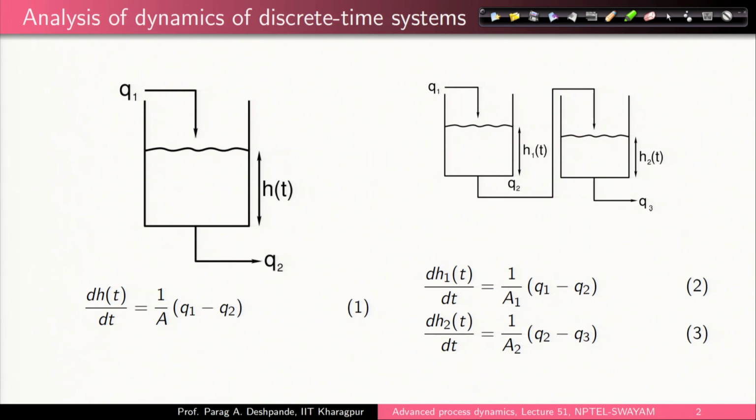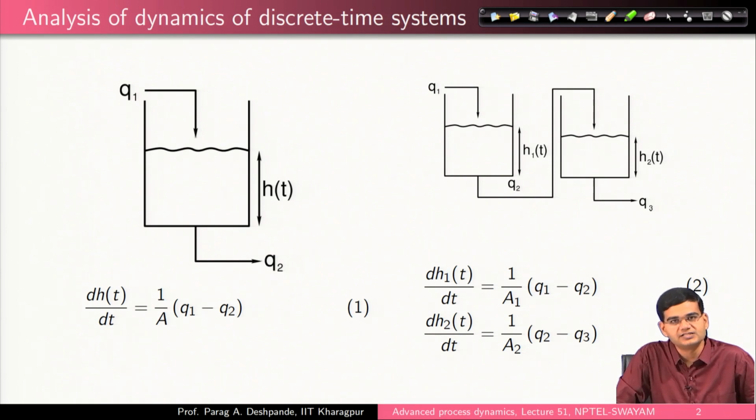On the right hand side you see a system with two tanks, so you have a system in series. We in fact took two cases, both interacting as well as non-interacting systems, and we saw that where the transfer function is simply obtained by multiplication of individual transfer functions, you always have an over damped response.